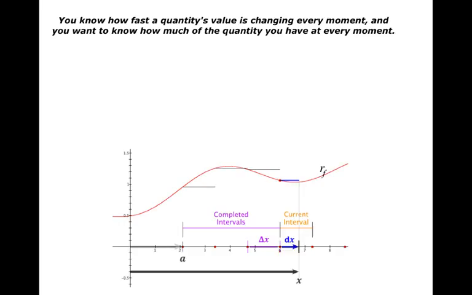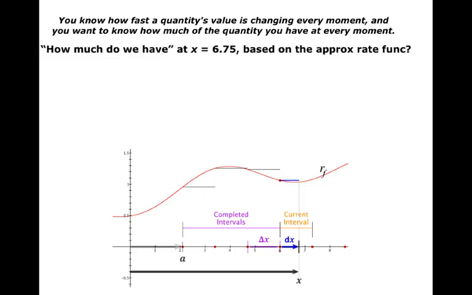So this is again how fast the quantity's value is changing every moment. You want to know how much of it you have at every moment. This is a paused version of what we just looked at. But always think about x increasing through the intervals, right? So we're going to pause it and analyze the paused version. x is a variable, right? x varies.